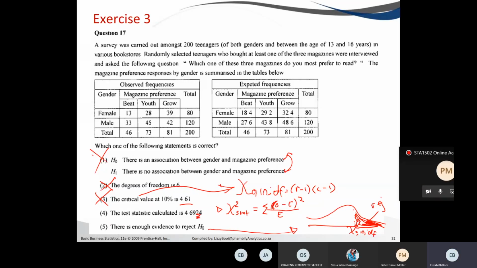And if we have our critical value as 7.71 and our test statistic is 4.9, so therefore it means we do not reject the null hypothesis.